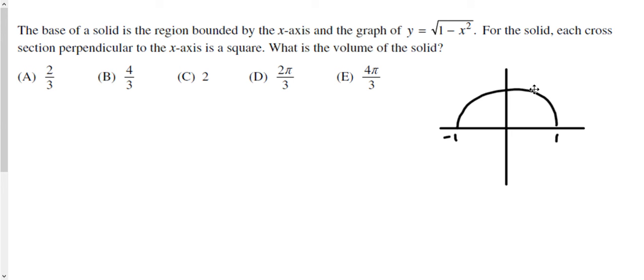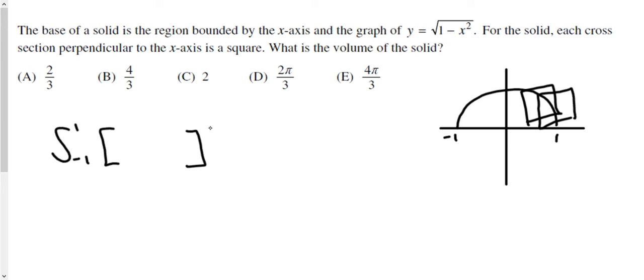Okay, now, cross sections. That's the base of it, and cross sections perpendicular to the x-axis are squares. So that means we've got squares coming up off the page to give it volume. So we're going to integrate from negative 1 to 1. Then we have to figure out what's the area of one of those squares.